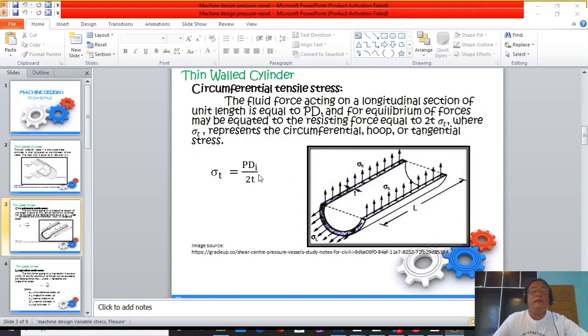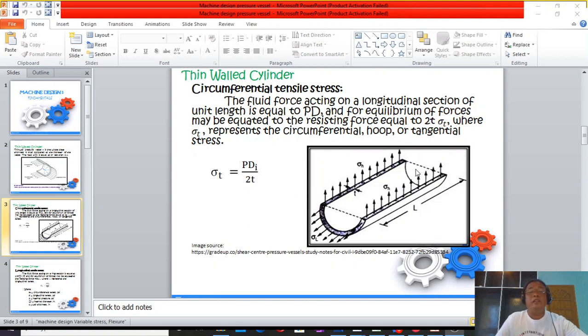So that's why L can now be eliminated. And then let's derive the equation: sigma t is equal to P DI over 2t. Okay? So that is, class, for the section along the longitudinal section. So knowing that only that stress equals.